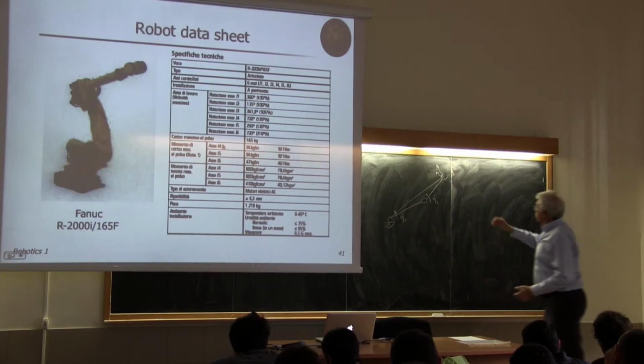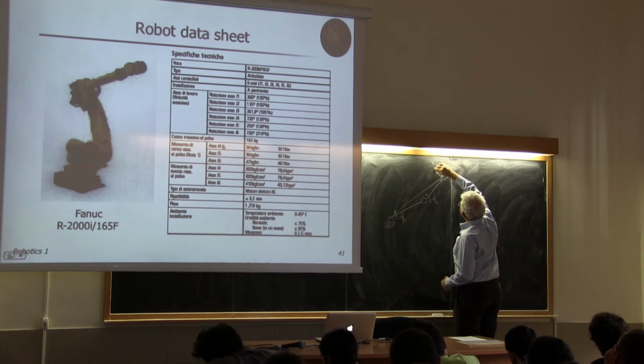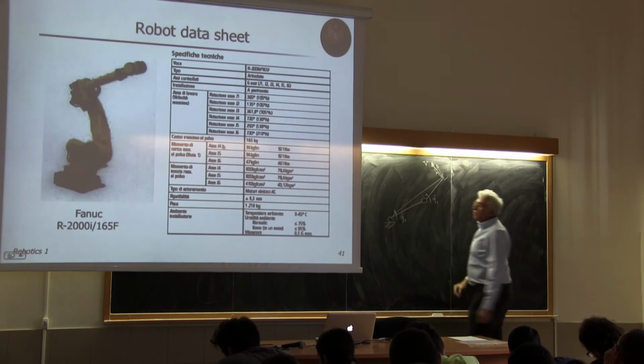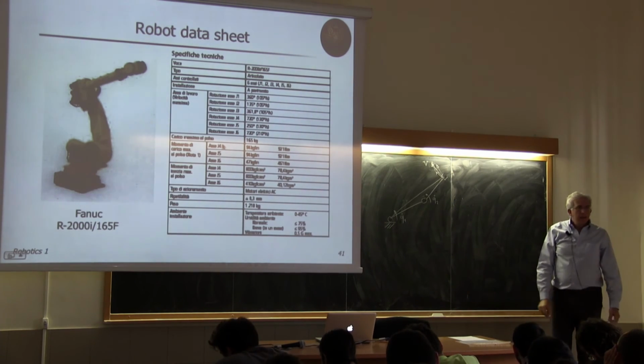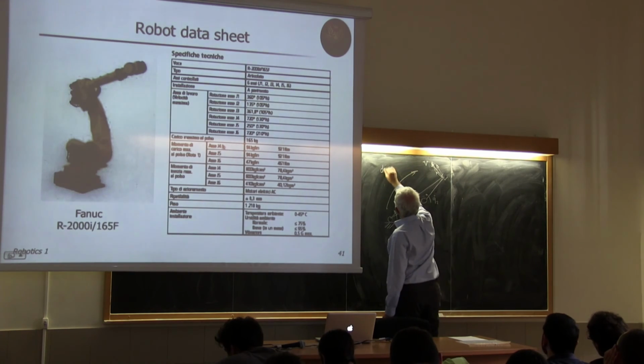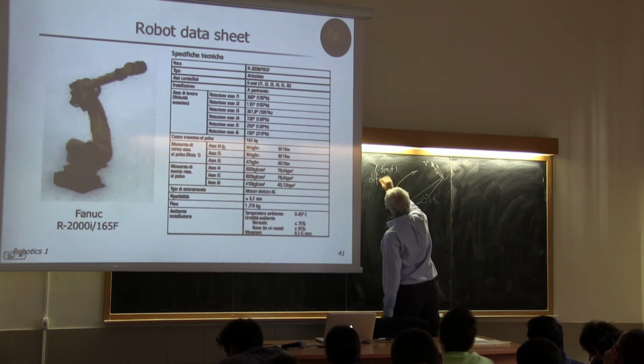Okay? So here you can build a parallelogram, and then the sum of these two vectors will be the resulting V. Okay? And this computation is called direct differential kinematics.